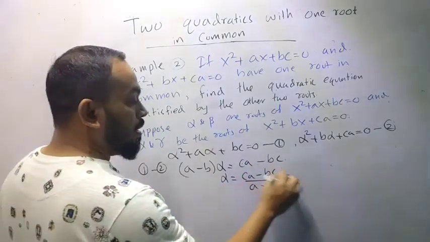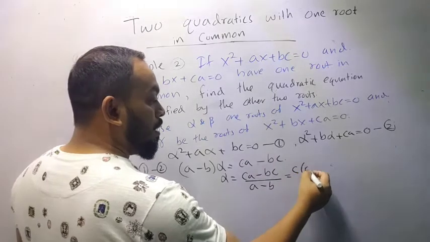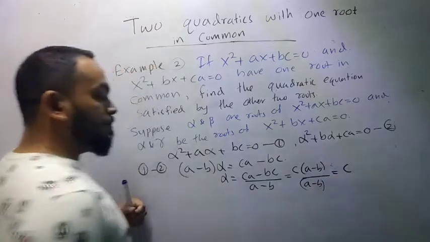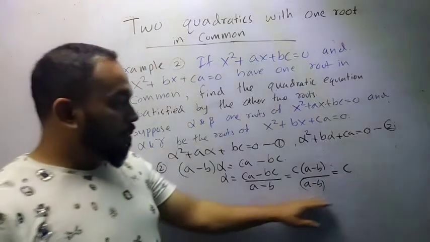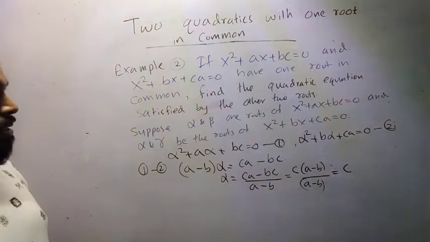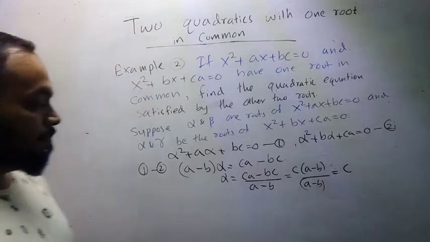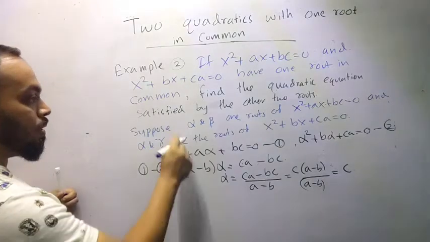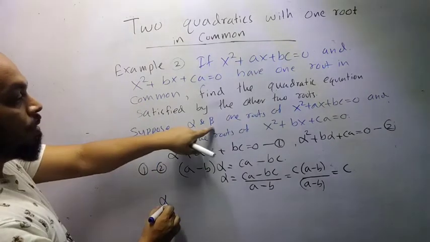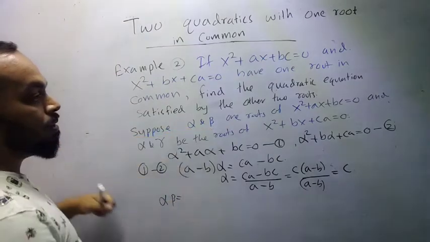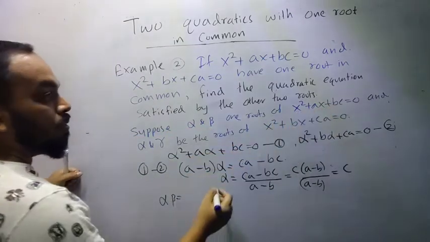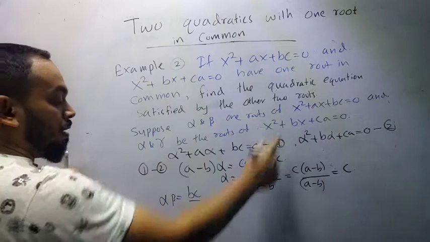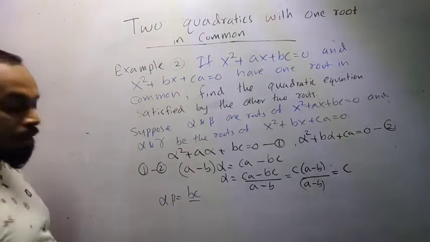In ca minus bc, c is common, so you take that out. We have a minus b here, so the answer is c. Now c is the common root in this case. Fascinating, right? So we can find the other two roots based on this one, alpha and beta. Alpha times beta must be the constant, which is bc divided by the coefficient of x squared, which is just 1, so I'm not going to write that down.